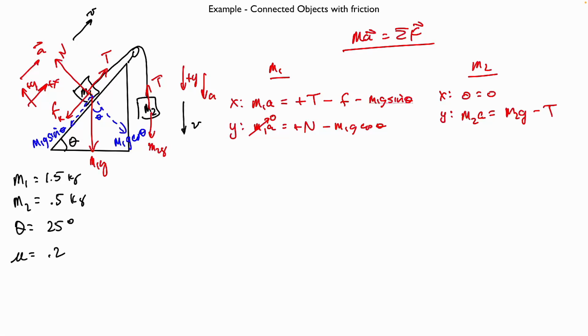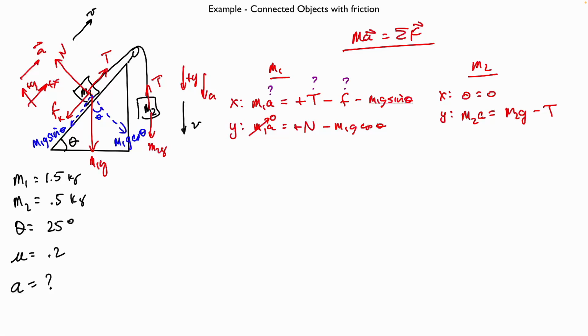Good, right? It looks like now I've got to move into problem solving. Okay, so we are looking for a, right? a is what we want. Better write that down. a is what I'm looking for. I don't know T. I don't know a.